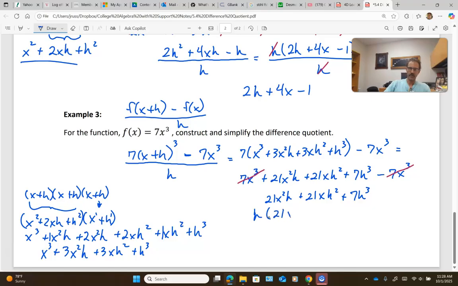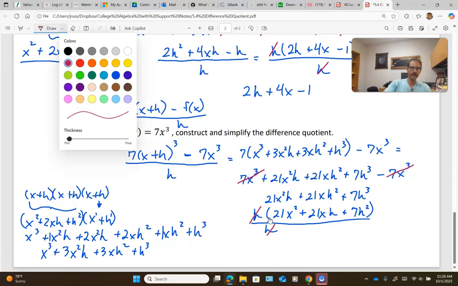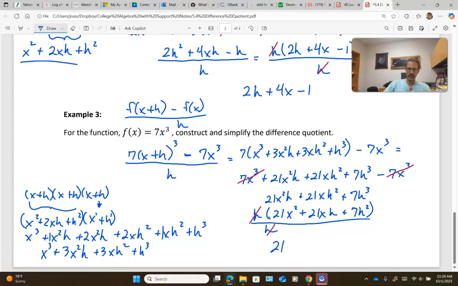That'll leave me with 21x squared plus 21xh plus 7h squared. And then when I put this over h, of course, those h's will divide out. And this is finally going to leave me with just 21x squared plus 21xh plus 7h squared.